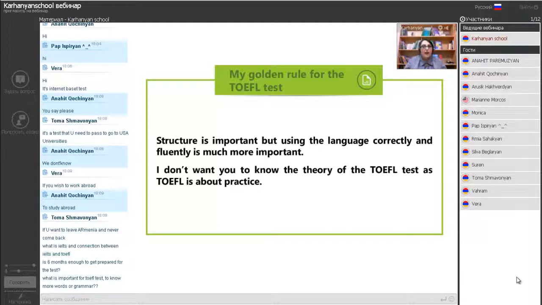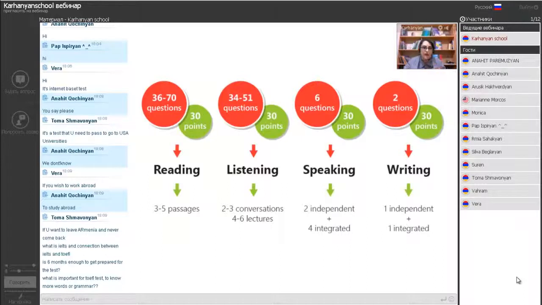And I don't want you to know only the theory of the TOEFL. Only the theory is nothing without putting it into practice, okay? You can know that after this question, I can choose this. This is just automatic, okay? And while practicing, you will see that you'll have a better result than just knowing some rules to follow.